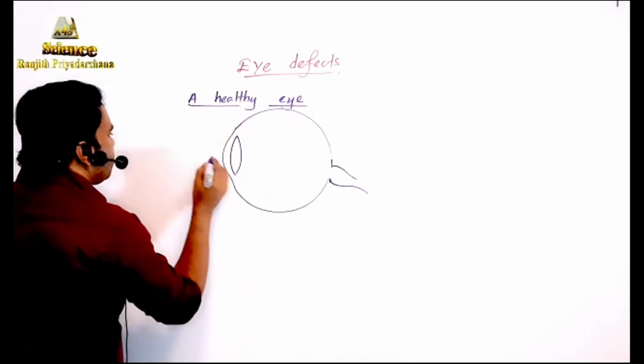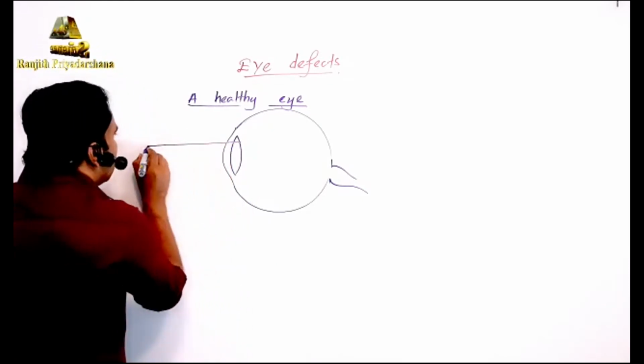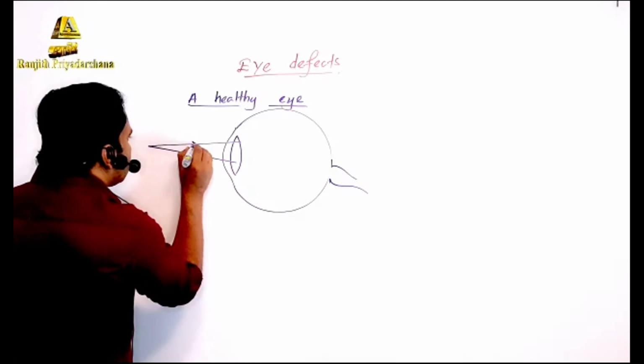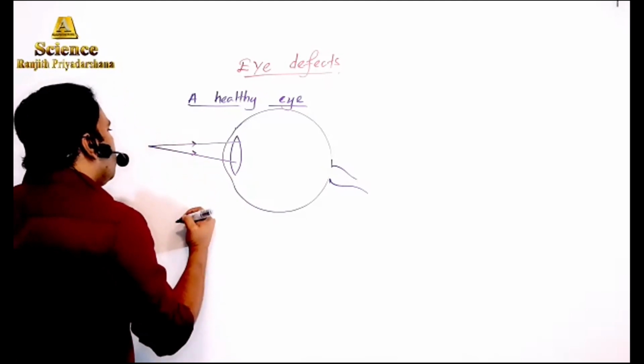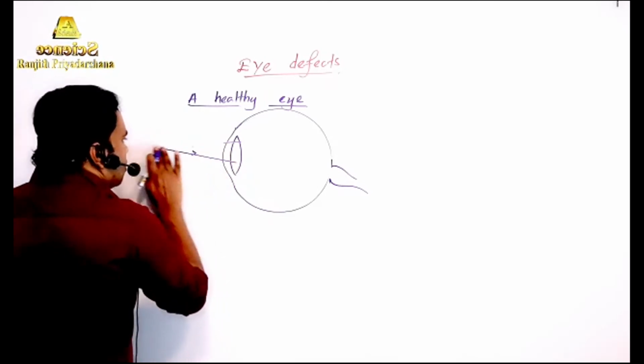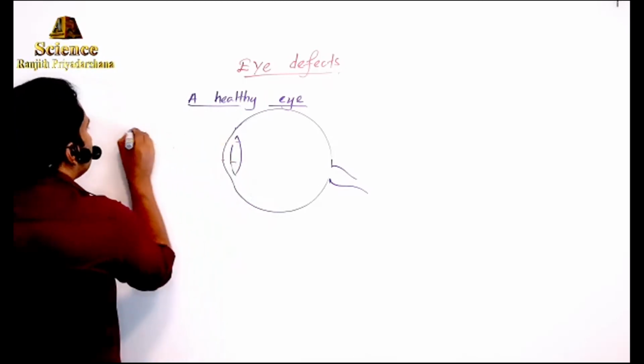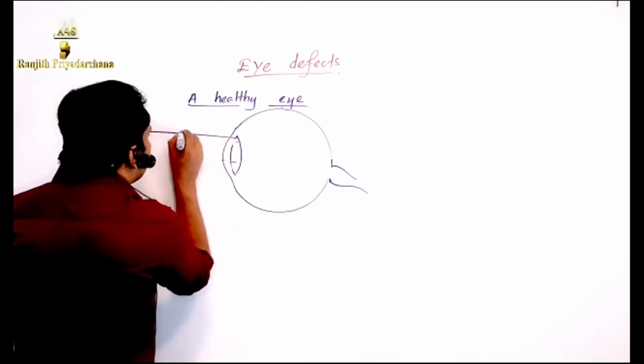Right? When a light beam comes from a far object, the light from a far object is considered parallel.